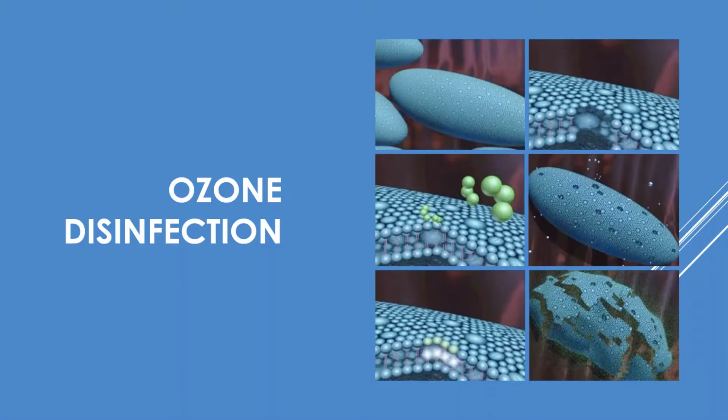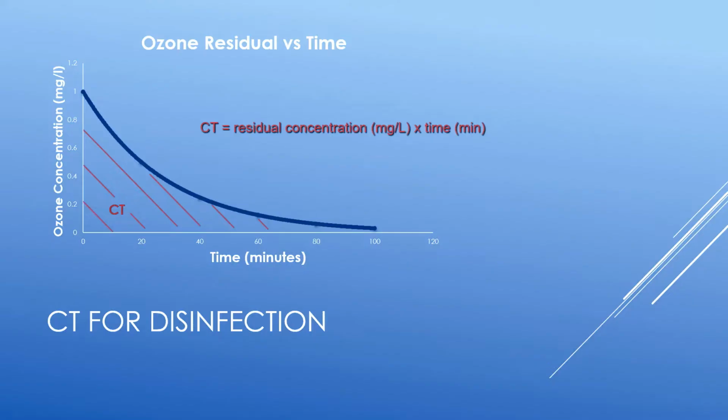Ozone works as a disinfectant by lysing microorganisms, as illustrated in the pictures to the right. Essentially, this causes the structure of the microorganism to break apart, killing it. One way to describe the effectiveness of a biocide is to look at what is called the CT value for that biocide.